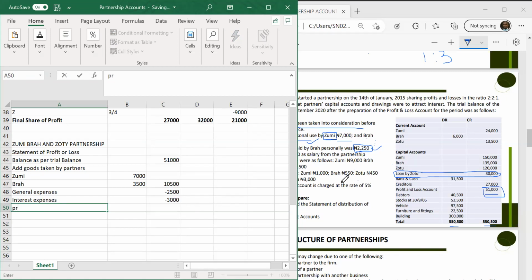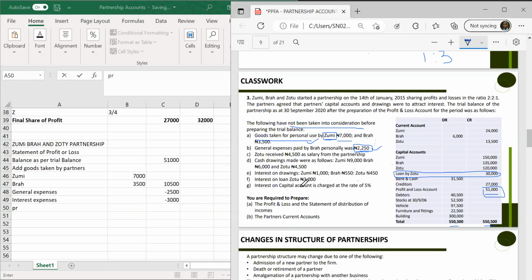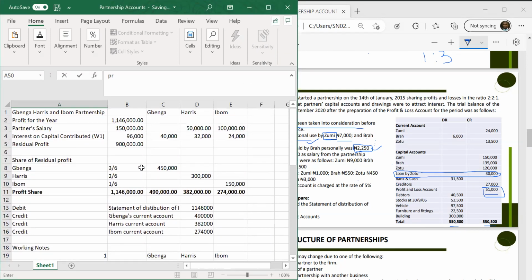Let me see. Do we have any other thing? Interest on capital account is charged at the rate of 5%. That's the last thing. Remember when we did this, we said interest on capital will not be removed from the profit for the year, but before we distribute our profit for the year, that is when we will note it and transfer it to each of the partners that are enjoying that.